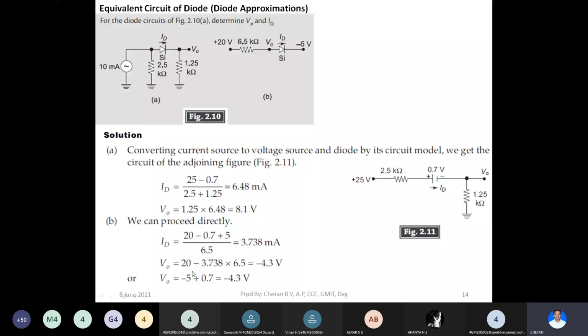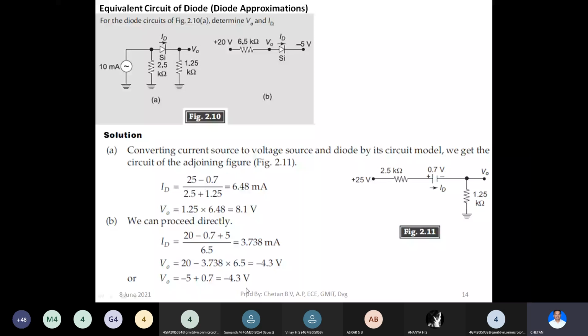So V naught would be 20 volt, which is the total voltage applied at this node, minus the voltage drop, right? The voltage drop is current into 6.5, that is the resistance. You get minus 4.3 volt for this. And in the other way also, we can calculate V naught directly, which comes to be minus 4.3.